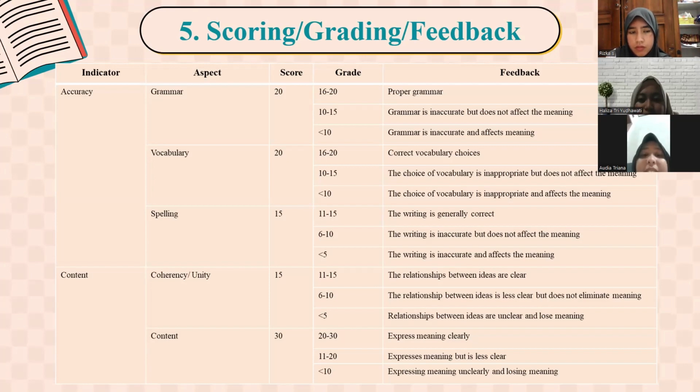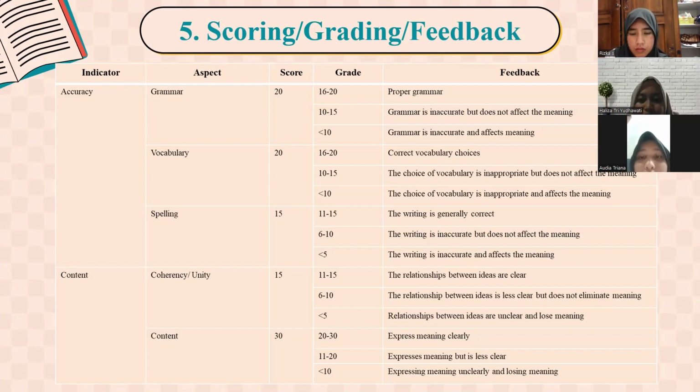So for the grade, it is average 16 to 20, and 10 to 15, and then for spelling it is 11 to 15 and 6 to 10, and then it's less than 5.